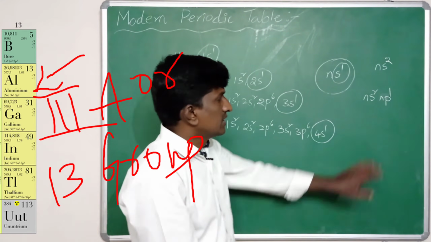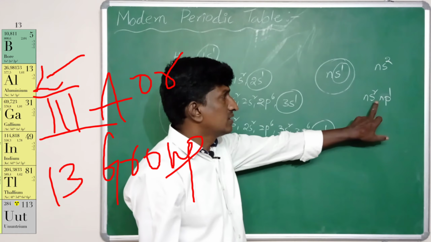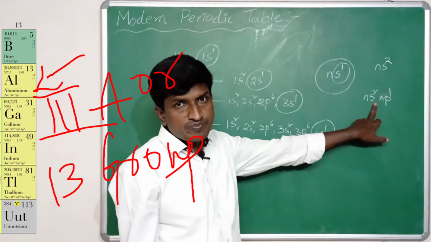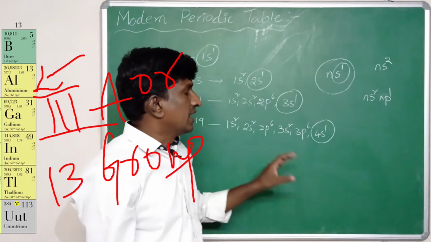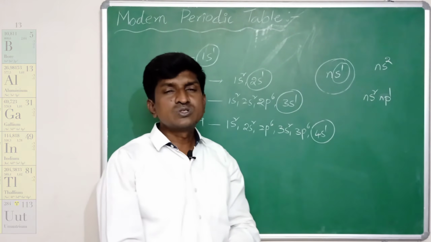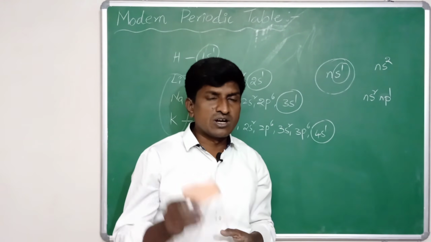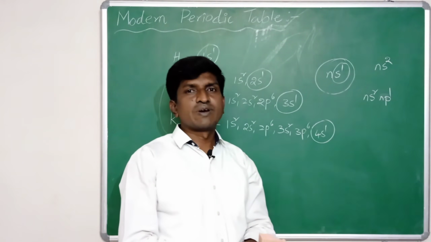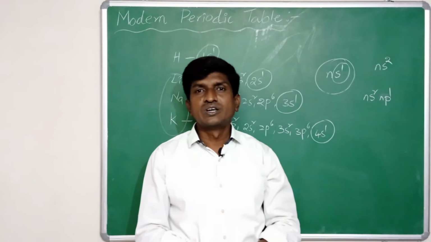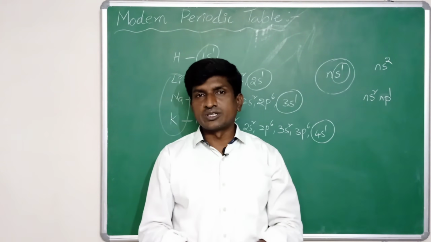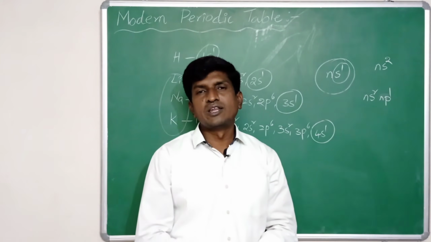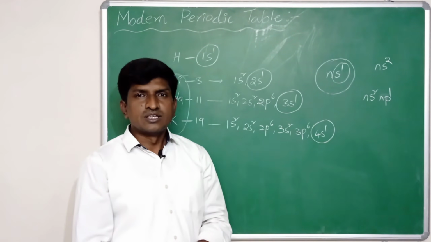So these are the 13th group elements. In this way, each group shows special characteristic properties because of having the same outermost electronic configuration.